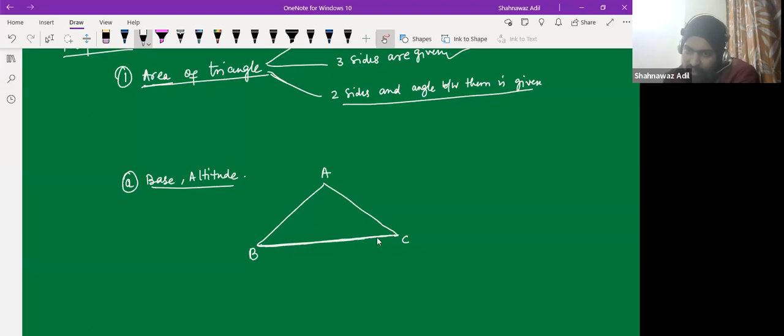Then I have to look for the altitude from the third remaining vertex, A. So let's say this is M. Then we can easily calculate the area, that would be half base into height. Half BC into AM.